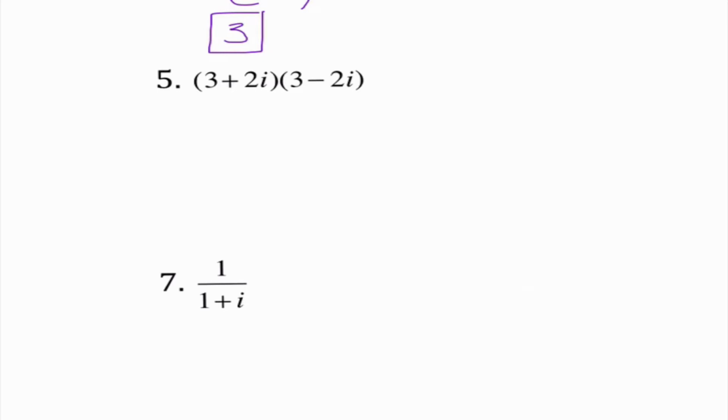Number 5 is another problem that we are FOILing. However, before we do any work, I just want to make a special note on this particular problem that these are what we call conjugate pairs, and we talked about that vocab term at the beginning of this lesson.